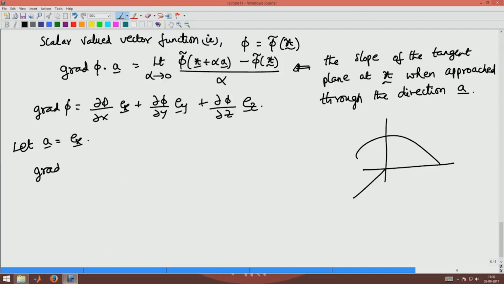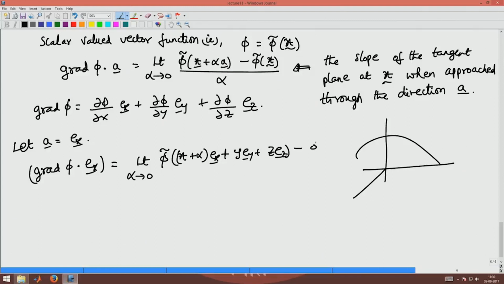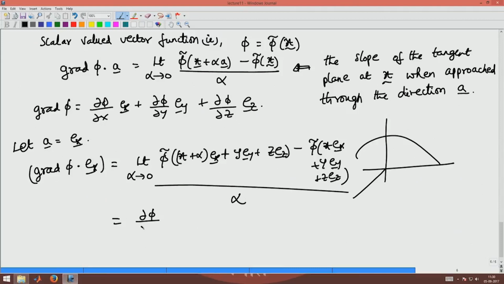Then grad phi dotted with Ex would be the limit as alpha tends to 0 of phi tilde of x plus alpha Ex plus y Ey plus z Ez minus phi tilde of x Ex plus y Ey plus z Ez, divided by alpha. This is nothing but dou phi by dou x.